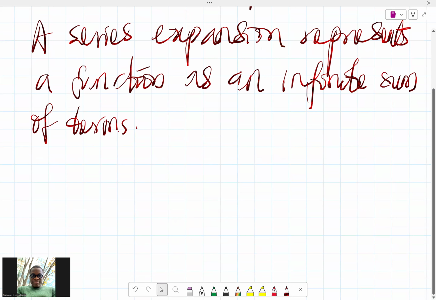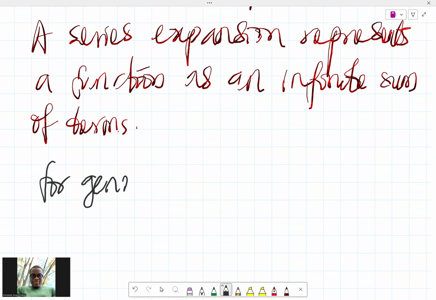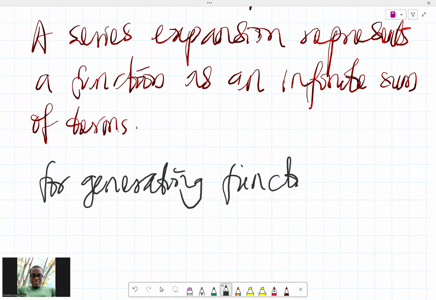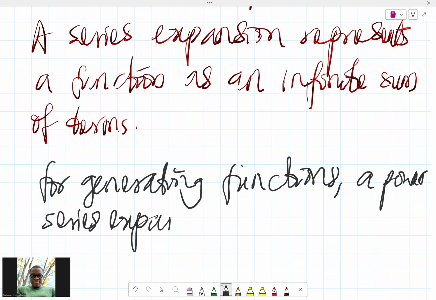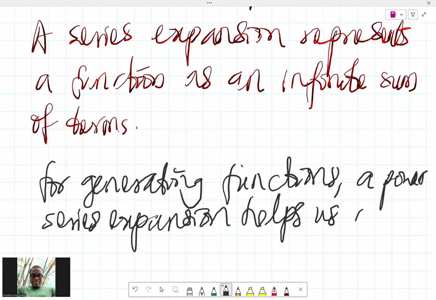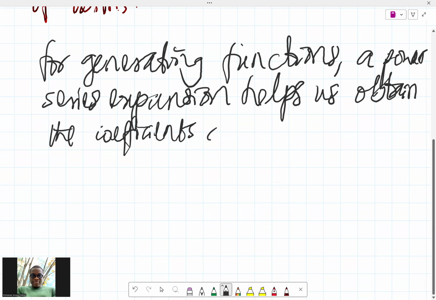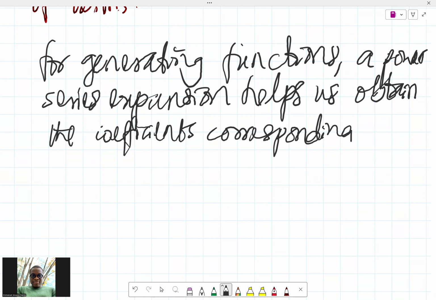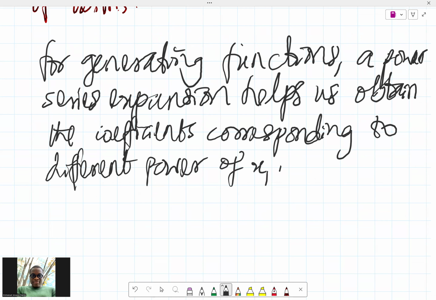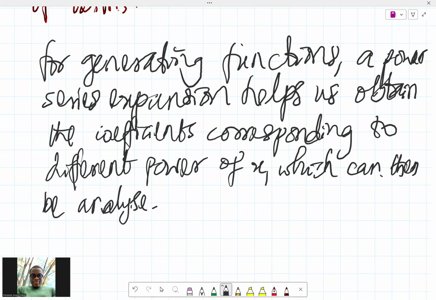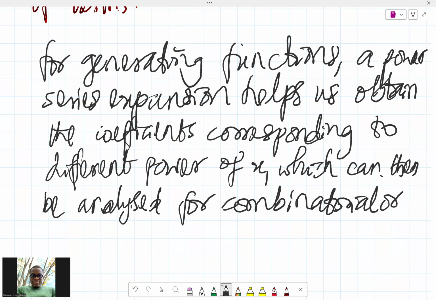For generating functions, a power series expansion helps us obtain the coefficients corresponding to different powers of x, which can then be analyzed for combinatorial or algebraic purposes.